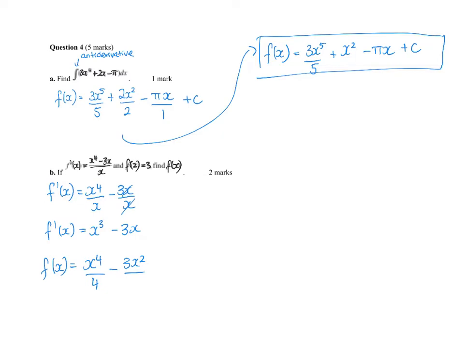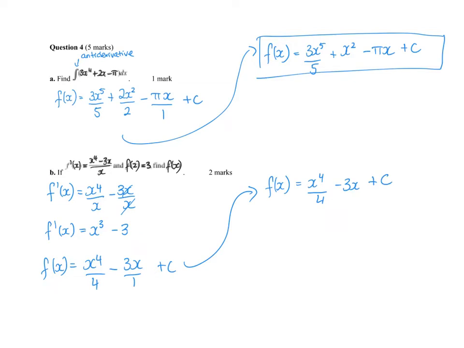Just 3. Yeah? Sorry, take that one back. So if I raise it to a power, it becomes x to the power of 1, divided by 1, plus c. Okay, so the function at the moment, tidy that one up, would be x to the 4 over 4, minus 3x plus c.